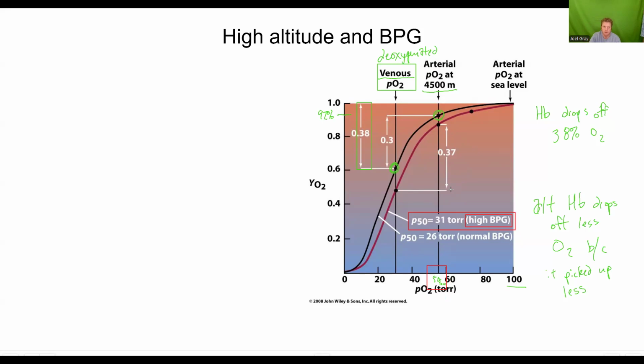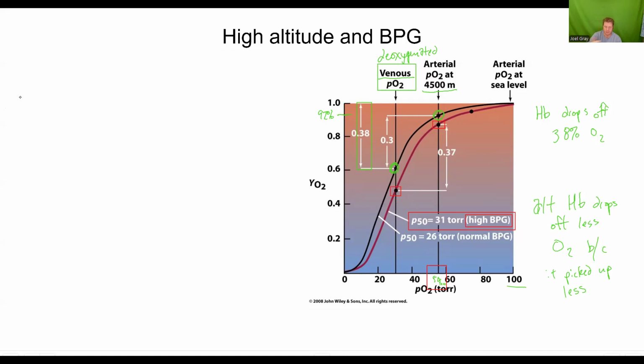And it is. But bisphosphoglycerate helps out, because what bisphosphoglycerate enables hemoglobin to do is, when it picks up less oxygen, it's able to drop off more oxygen. So effectively, bisphosphoglycerate in a high concentration is a good thing because it enables hemoglobin to drop off more oxygen at the tissues when there's less oxygen available to it.